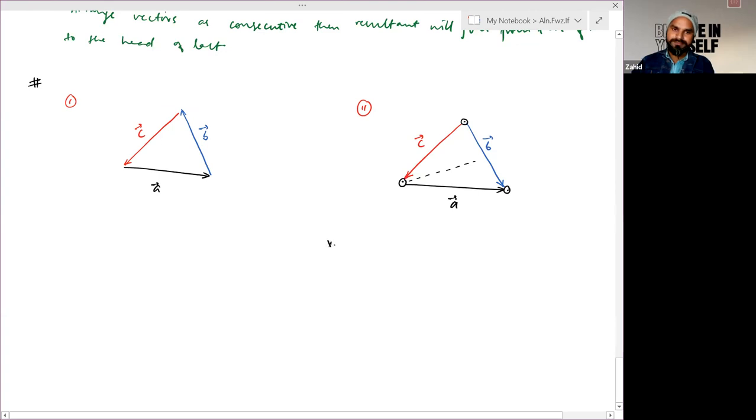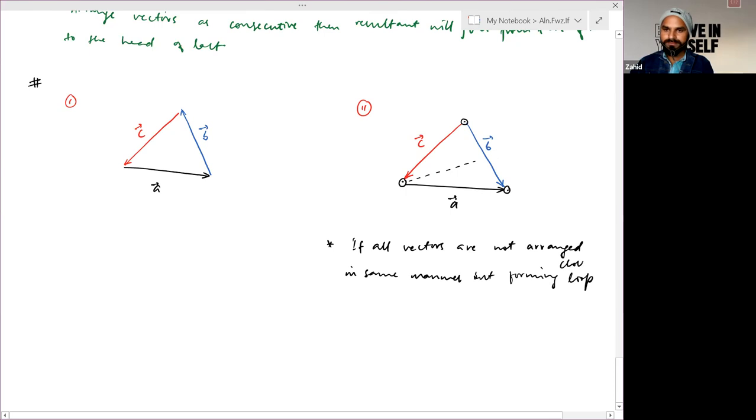So just remember, if all vectors are not arranged in the same manner but form a loop or closed loop, then choose a point having a head-tail combination.